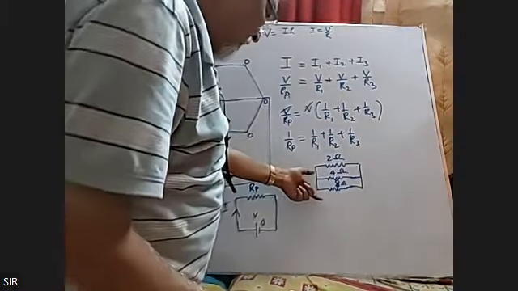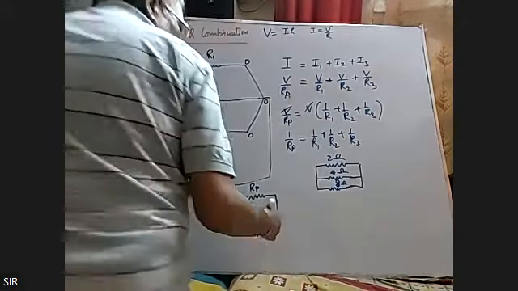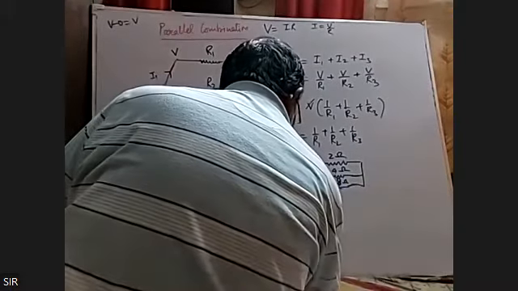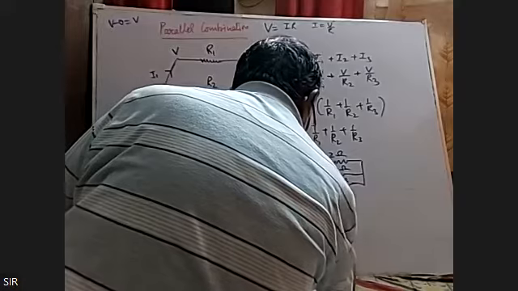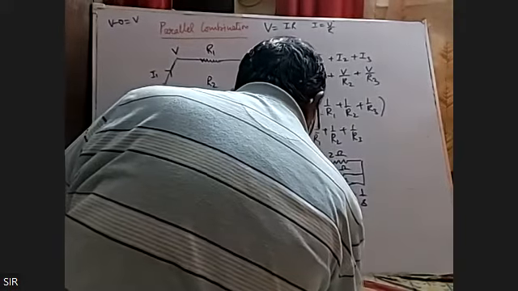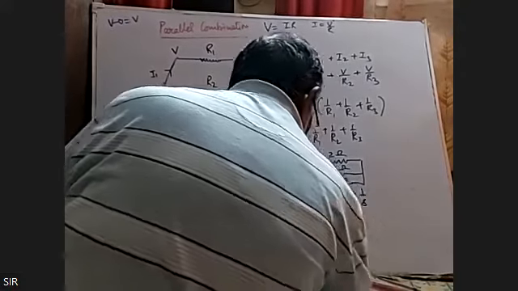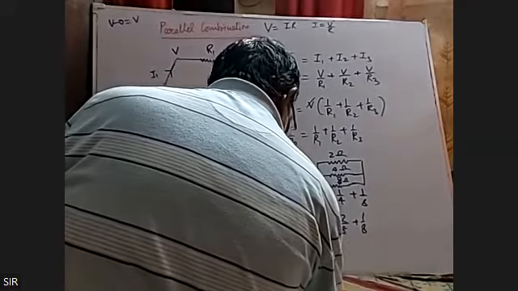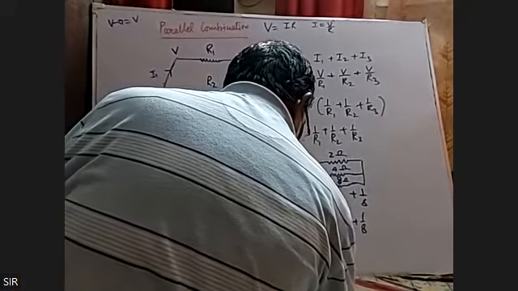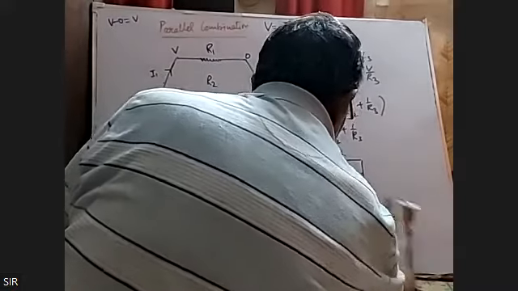Since these are in parallel, 1 upon Rp will be equal to 1 upon 2 plus 1 upon 4 plus 1 upon 8. 1 upon R is equal to 4 upon 8 plus 2 upon 8 plus 1 upon 8. So 1 upon R is equal to 7 upon 8. Clear? R will be 8 by 7.